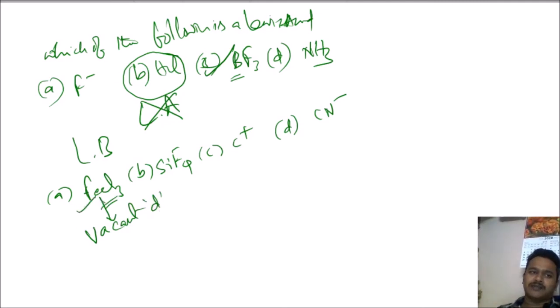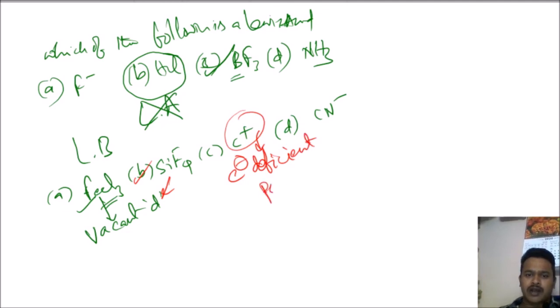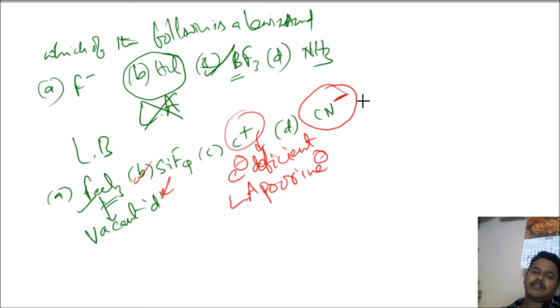SiF4, same reason, is also a Lewis acid. Carbocation is a cation with positive charge, electron deficient, so it can accept an electron pair, so it is a Lewis acid. CN minus has a negative charge, meaning electrons are there, so it can donate to anybody. So this is a Lewis base.